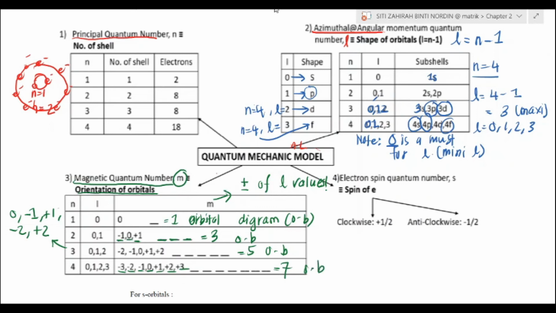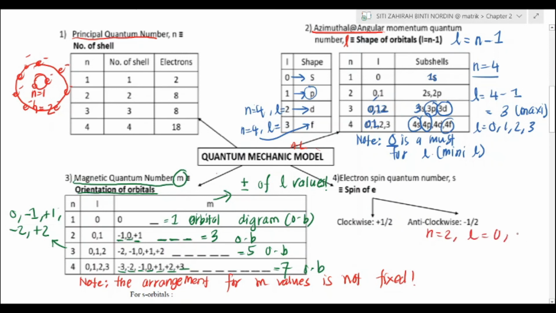Make a note that the arrangement for m values is not fixed. For example, when n equal to 2, L equal to 0 and 1, this is how you're going to write your orbital diagram.